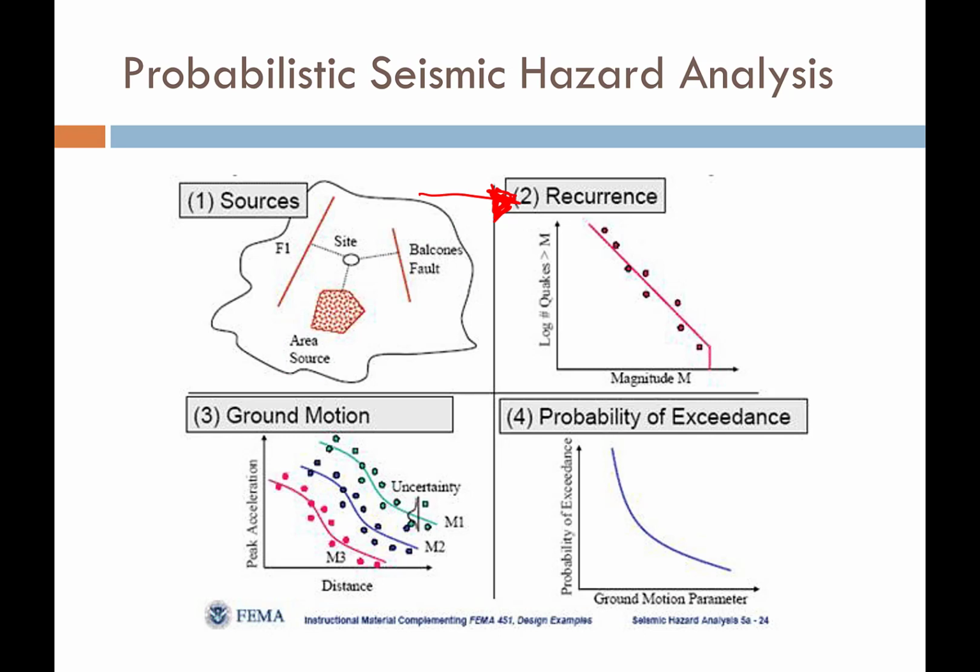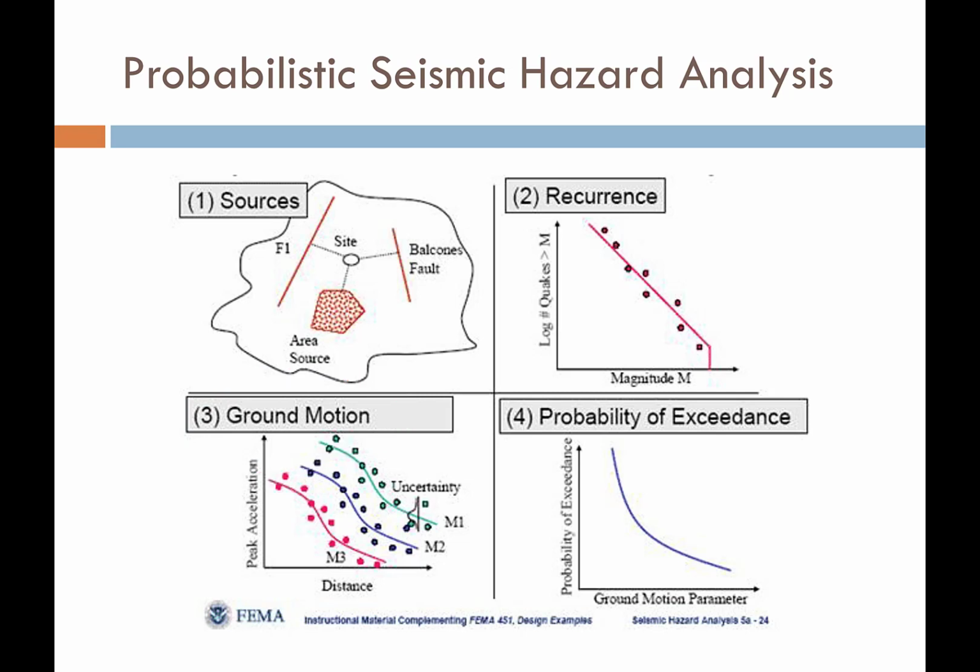And then we're going to cycle through every possible magnitude occurring on every possible fault. And from every possible magnitude and every possible fault, we're going to get every possible ground motion that our site might experience from each of those scenario events.